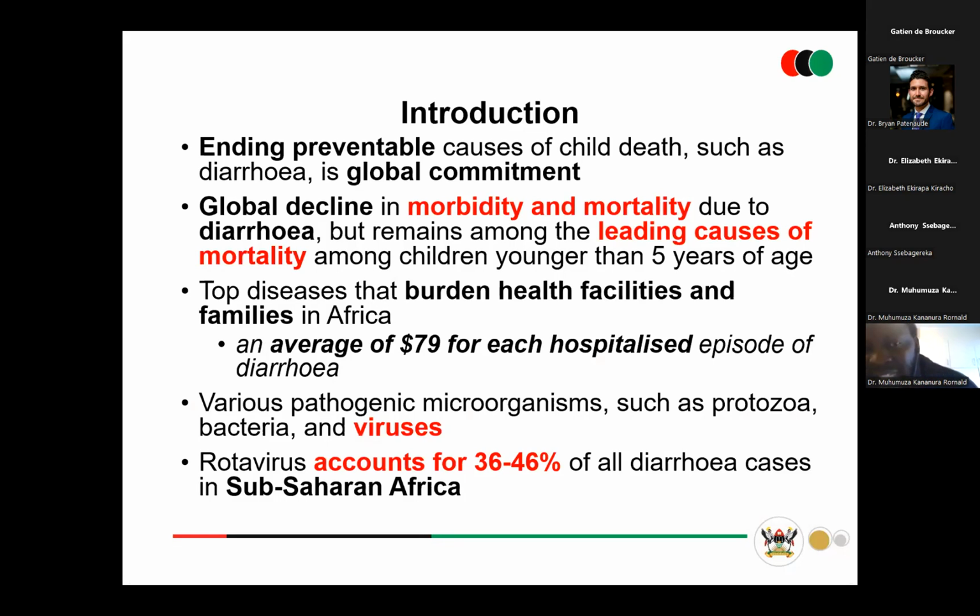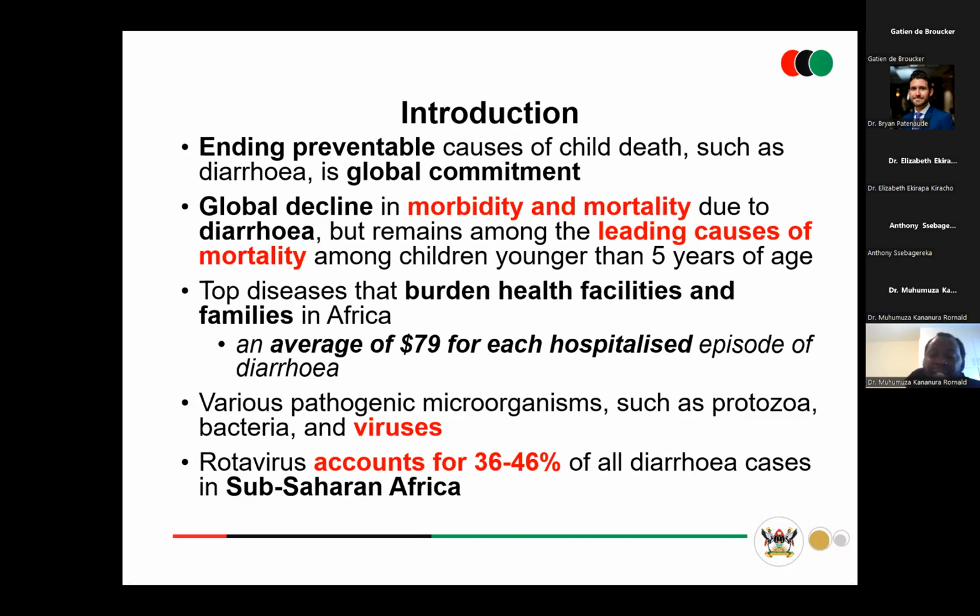Just a bit of introduction. We know the global commitment is about ending preventable diseases, including diarrhea. And we've observed how morbidity and mortality due to diarrhea has changed. But diarrhea remains the leading cause of mortality, particularly among children under 5 years.